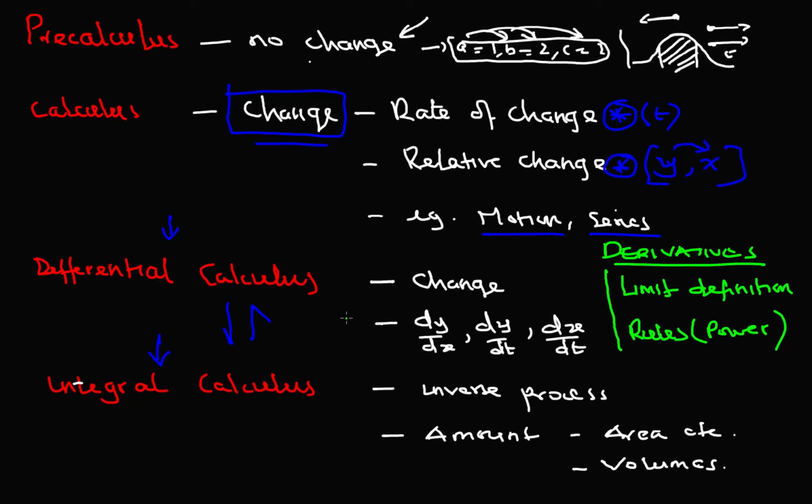So differential calculus deals mostly with change. Like we said, the change is represented like this, where we're saying dy dx. Okay, or some can say dy over dx. So changing this over changing that.